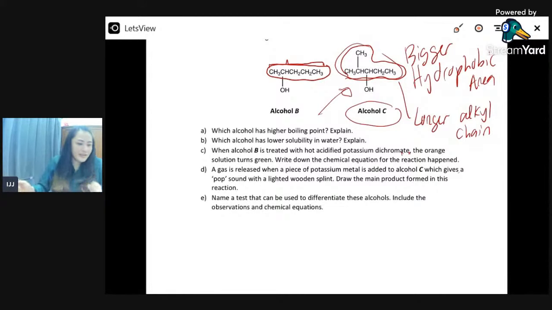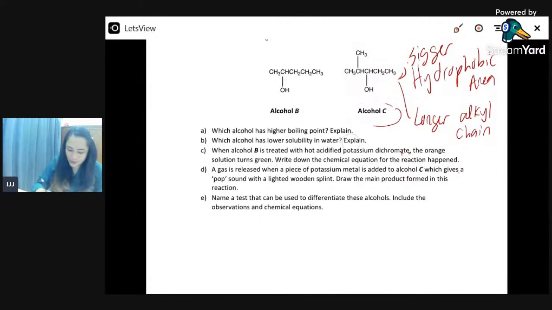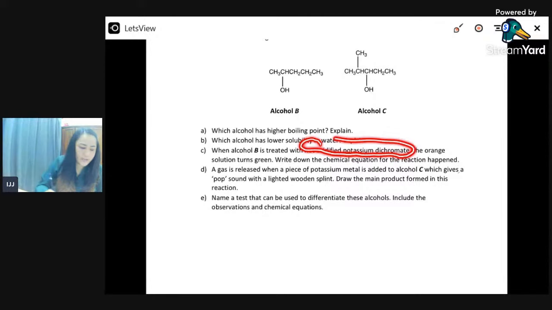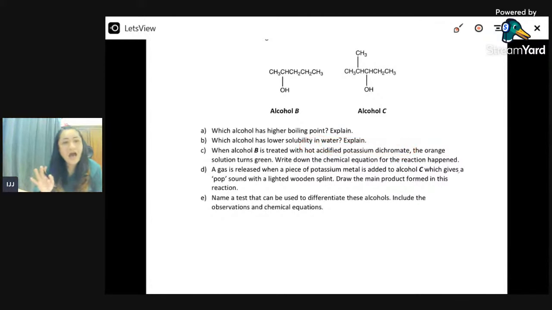Okay? Do you understand? Okay. Now, when alcohol is treated with hot acidified potassium dichromate, the orange solution turns green. Write down the chemical equation for the reaction. So this hot acidified potassium dichromate is actually an oxidation agent.